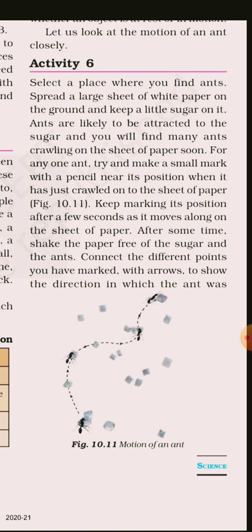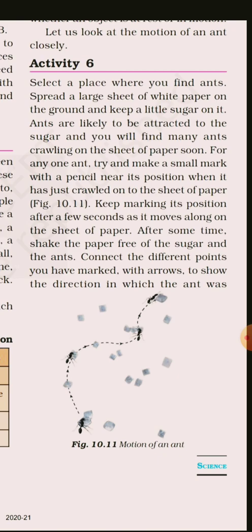Select a place where you find ants. Spread a large sheet of white paper on the ground and keep a little sugar on it. Ants are likely to be attracted to the sugar. You will find many ants crawling on the sheet of paper soon. For any one ant, try to make a small mark with a pencil near the position where it has just crawled onto the sheet of paper.